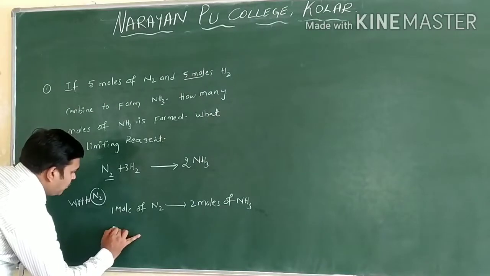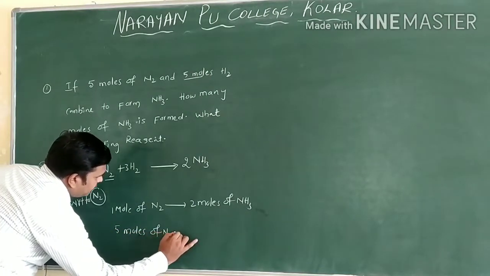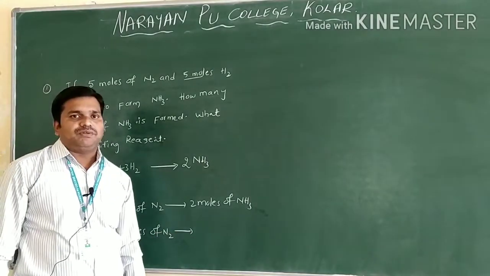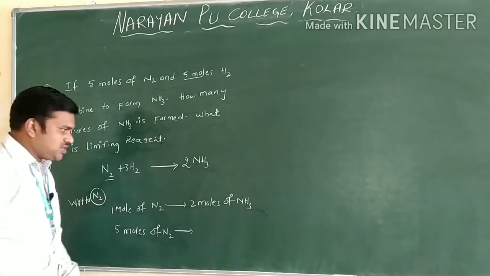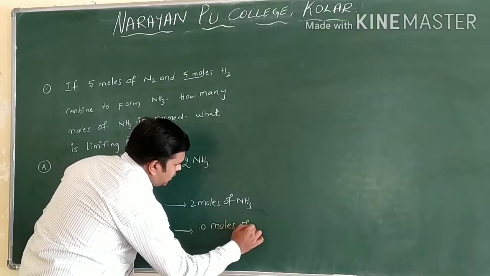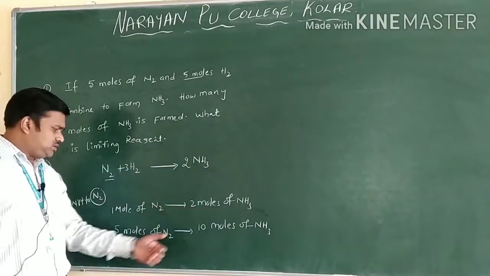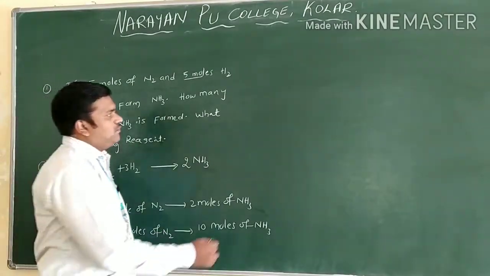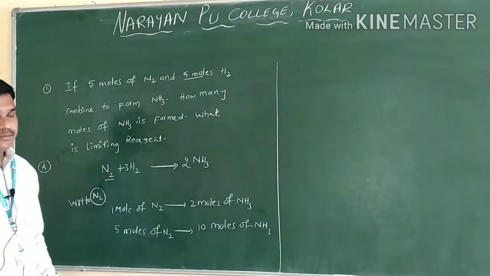If we take 5 moles of N2, how many moles of NH3 is formed? Just do the cross multiplication. 5 into 2 is 10 moles of NH3. Or you can see 1 mole gives 2 moles, 5 moles gives 5 into 2, 10 moles of NH3 is formed, from N2 only.